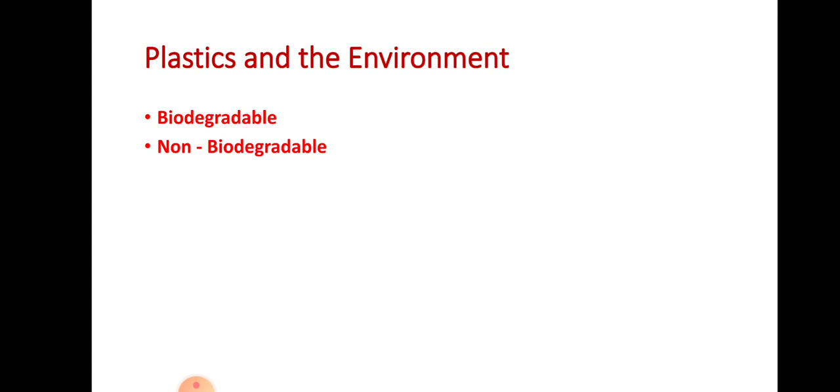So avoid plastics as much as possible, and if for some reason you are using plastic, just recycle. Separate your garbage into biodegradable and non-biodegradable. Maximum avoid plastics, and you can send the plastics for recycling or reuse. Okay, children, as responsible citizens you have to follow this 5R principle.